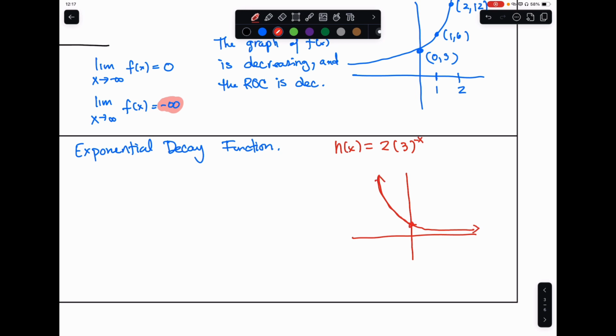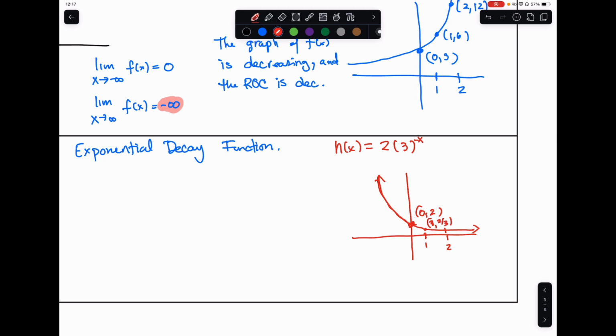Where we're crossing the y-axis at (0, 2), and for every x value, we're dividing by 3. So every time we increase the x value by 1, we're just dividing the number by 3 every single time. So when x is equal to 1, the y value would be 2/3.